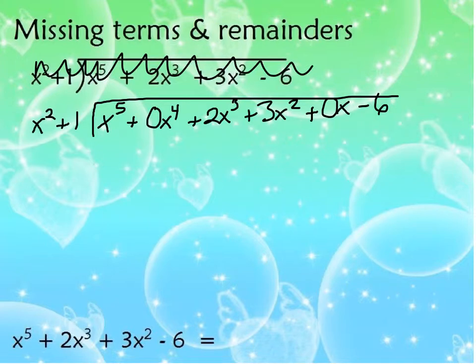So x squared times what gets you x to the 5th? Since you're adding exponents, it should be an x to the 3rd. All right, so now you take your x to the 3rd times x squared. That's x to the 5th. And then your x cubed plus 1, or times 1, is an x cubed.